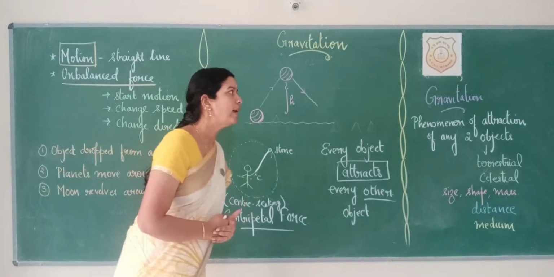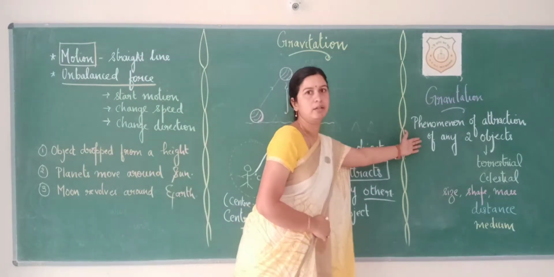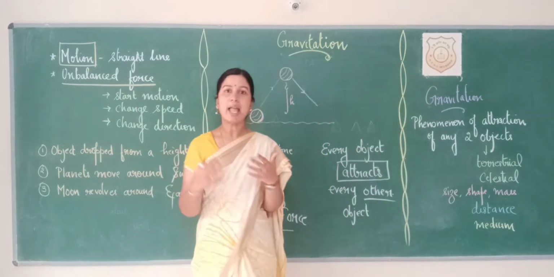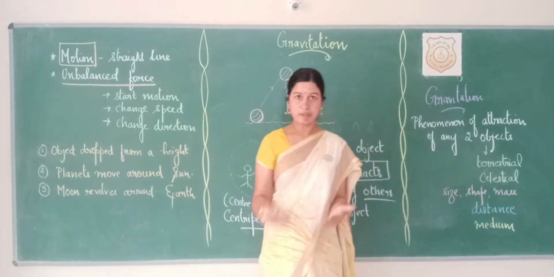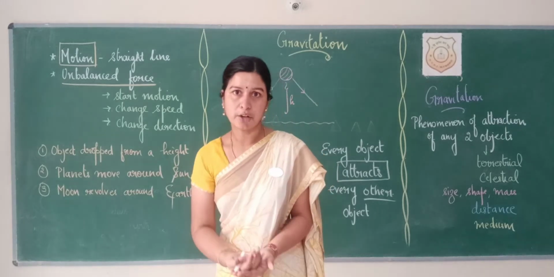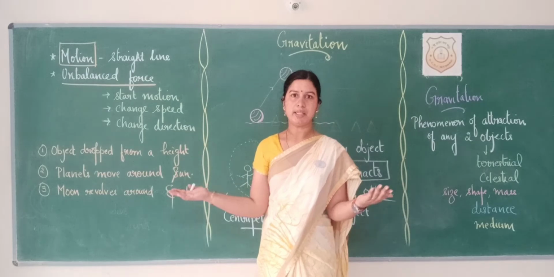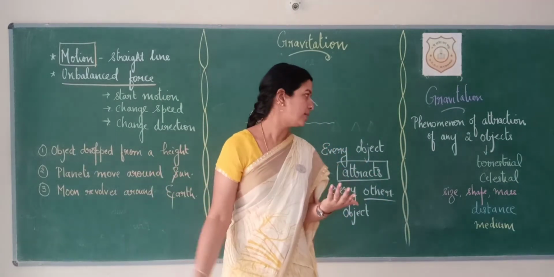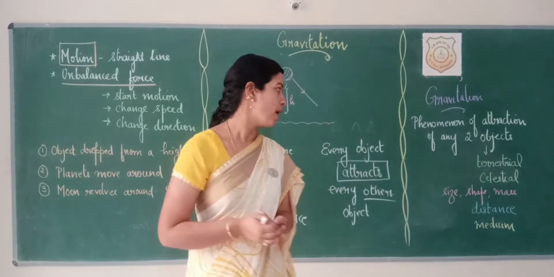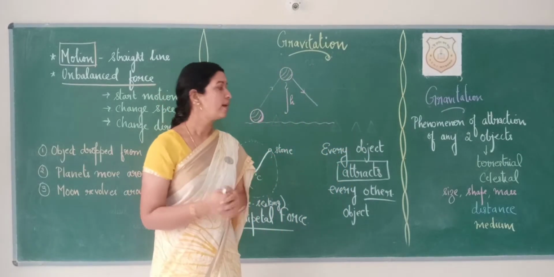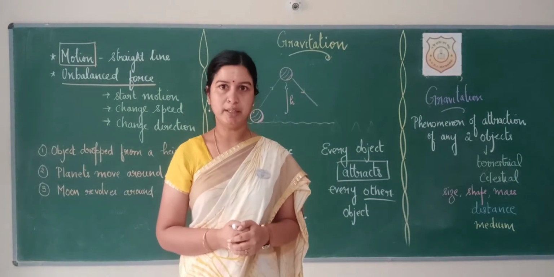So how do we define gravitation or gravitational force? It is a phenomenon of attraction of any two objects, and these objects can be terrestrial, means they can be found on the surface of earth, or they can be celestial, outside in space, moons, stars, planets, and these objects can be of any size, shape or mass, irrespective of the distance between these objects as well as the medium between these objects.